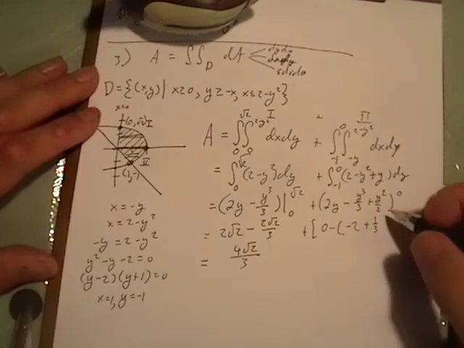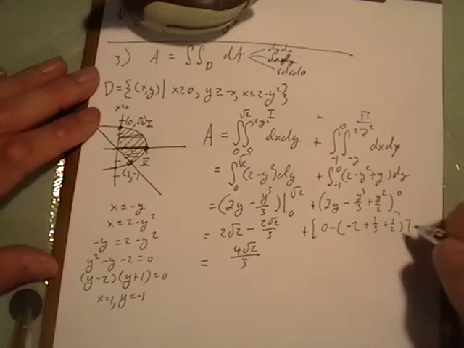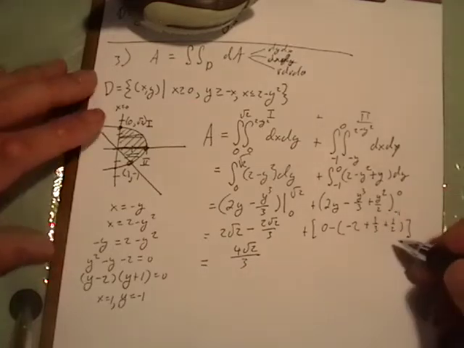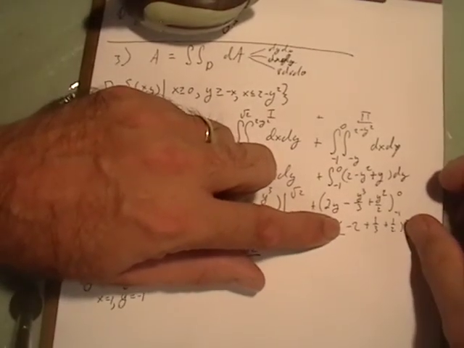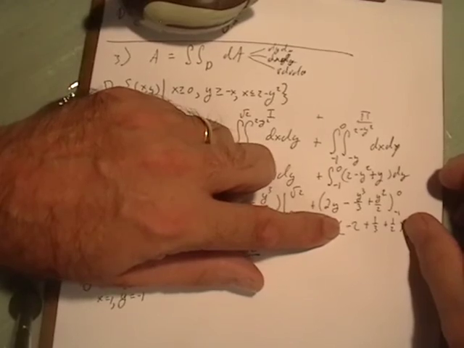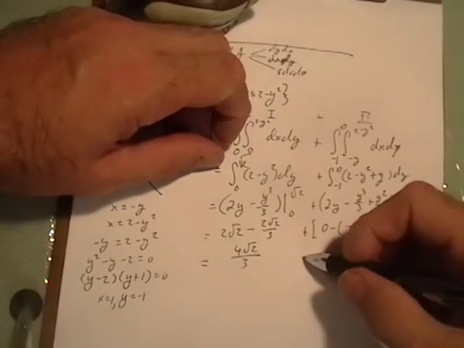Negative 1 squared is positive 1, so this would be plus 1/2. Now, on the inside, I think I'm going to have to go with 6 as my denominator.